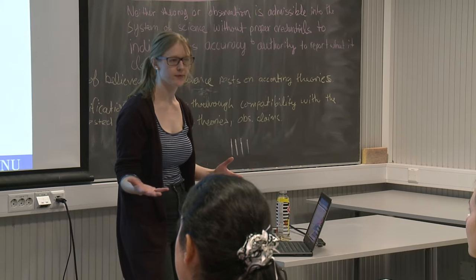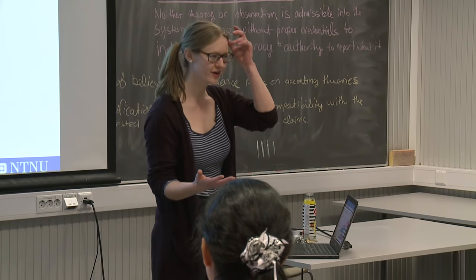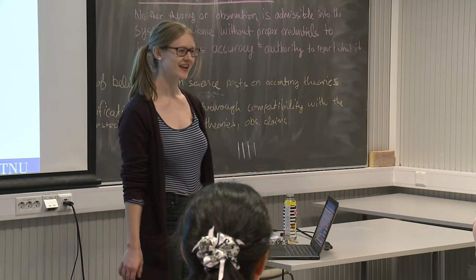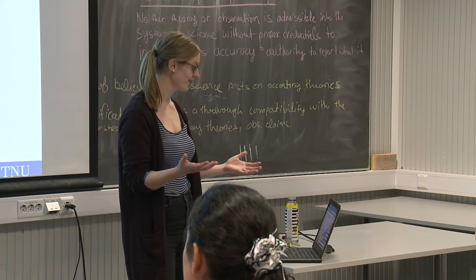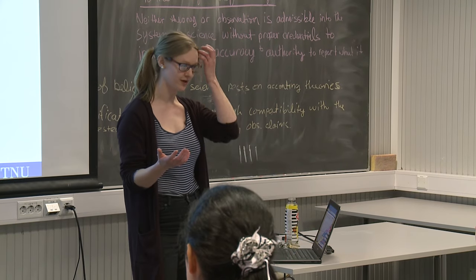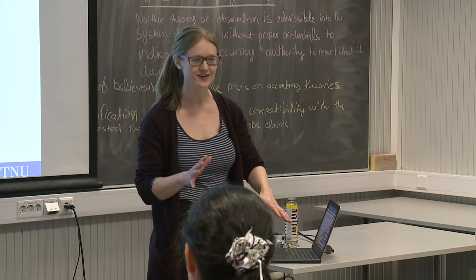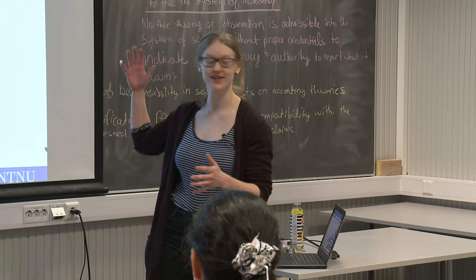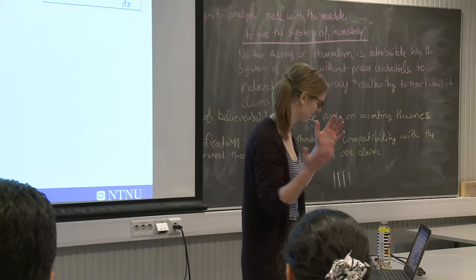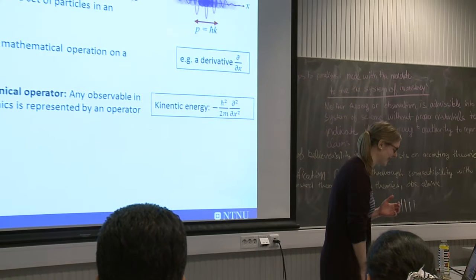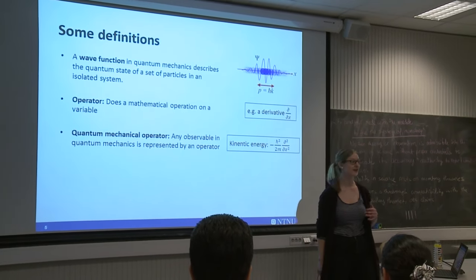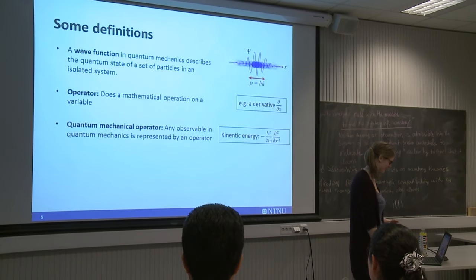Okay, an operator. That's not a scary word. It just does a mathematical operation on some variable. So you shouldn't be afraid of that word. An easy example is a derivative. That's an operator. When you go into quantum mechanics, you deal with quantum mechanical operators.